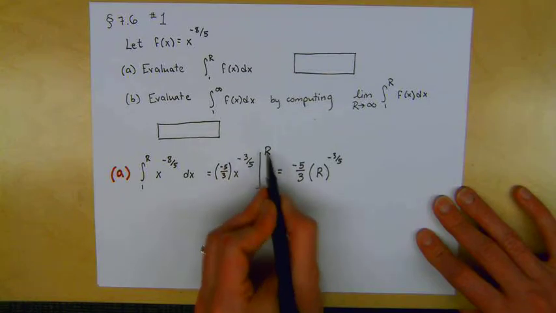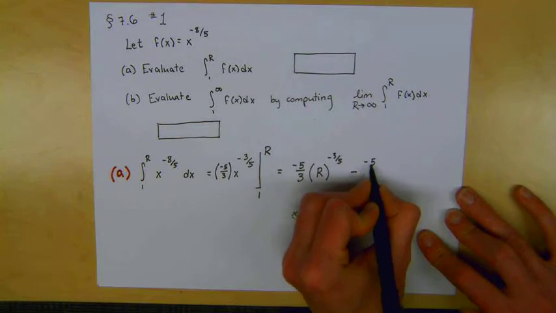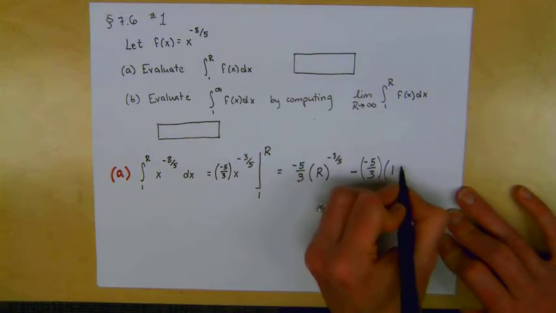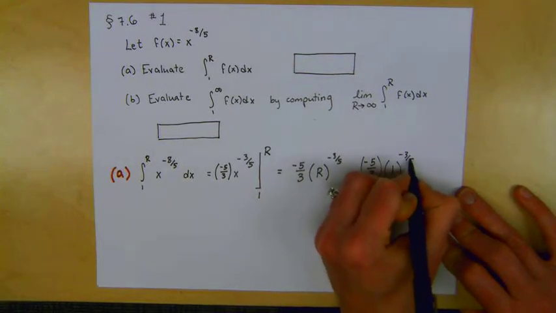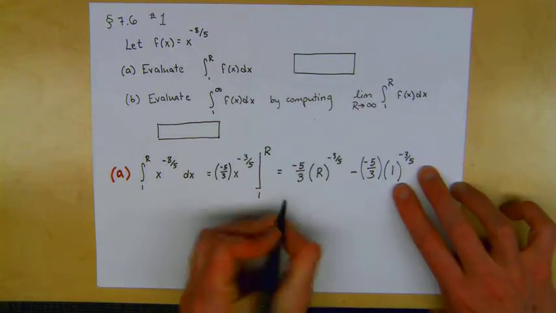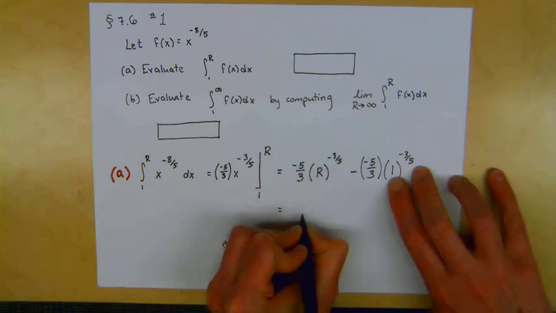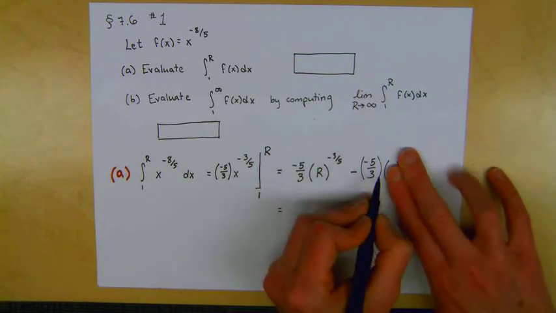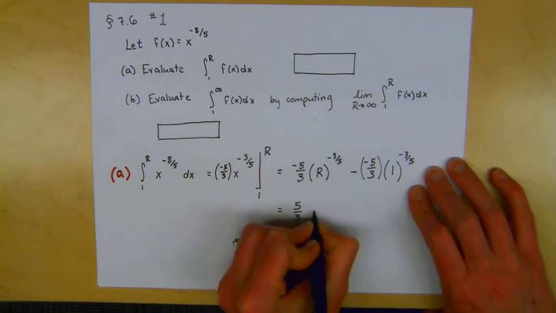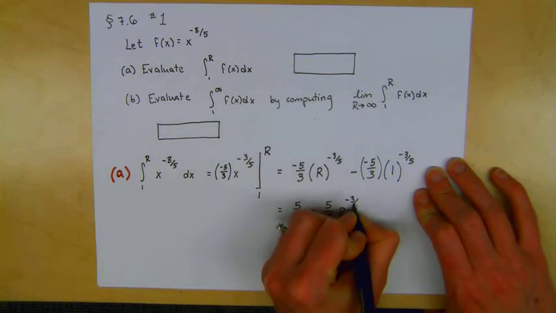So evaluated at the upper bound, and then I subtract out evaluating at the lower bound, negative 5/3 of 1 to the negative 3/5. But 1 raised to any power over and over again is itself. So we end up with, this is just 1, this is a positive 5/3 minus 5/3 r to the negative 3/5.